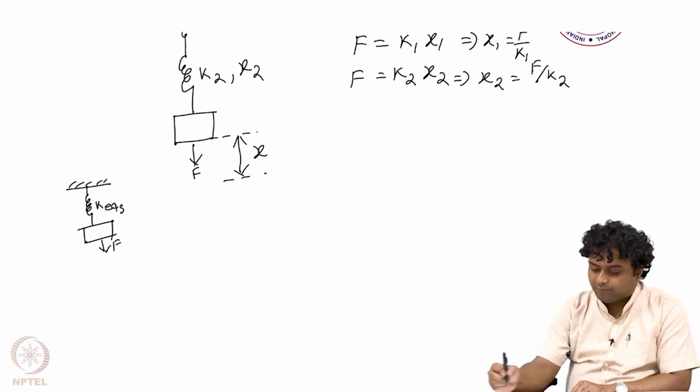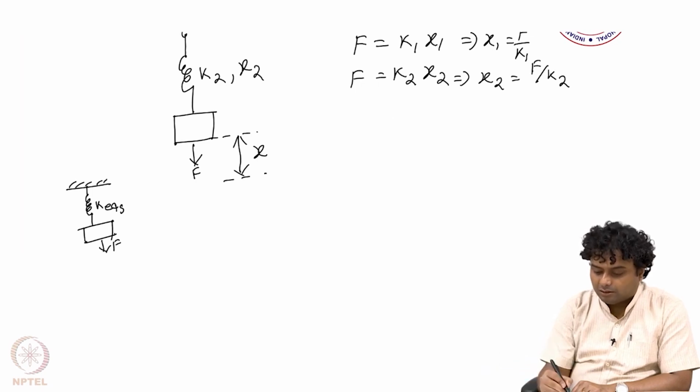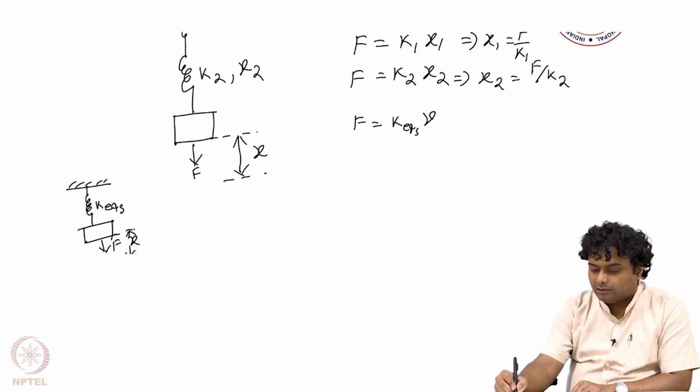So, then you can write that F is equal to K equivalent for series into x, since it will have the same total deflection x.